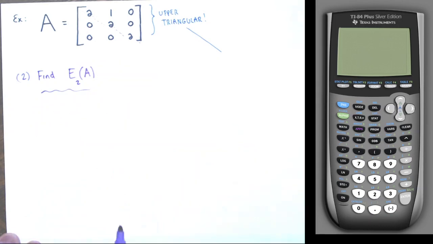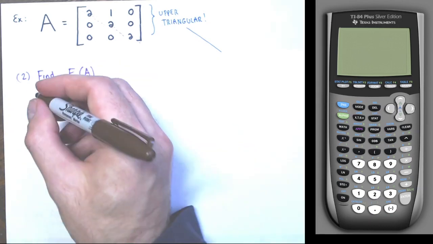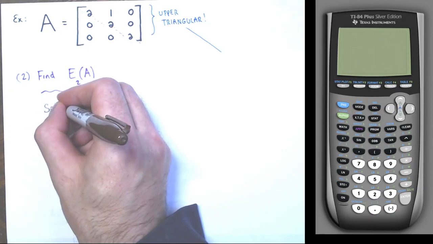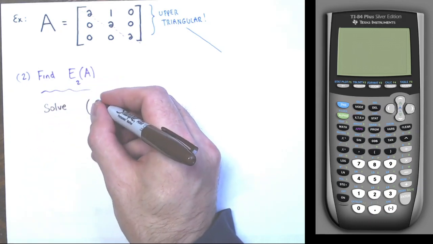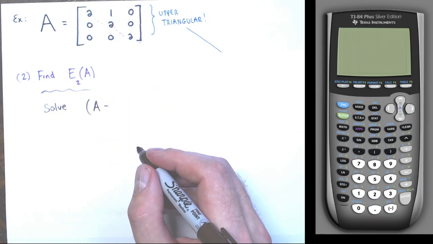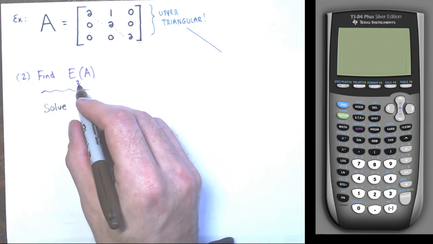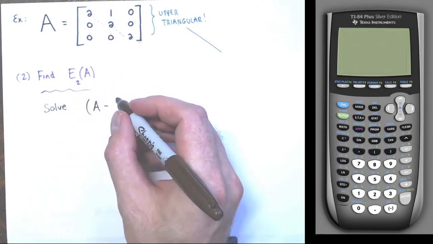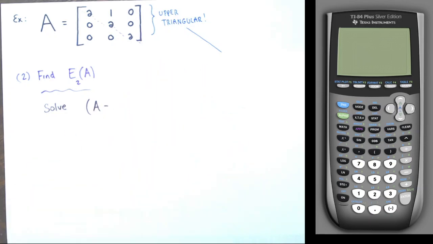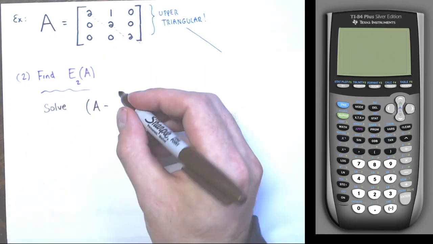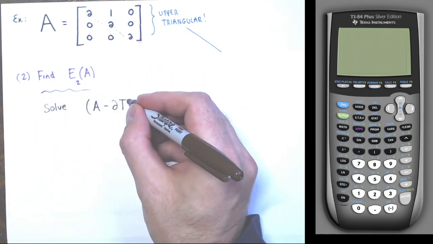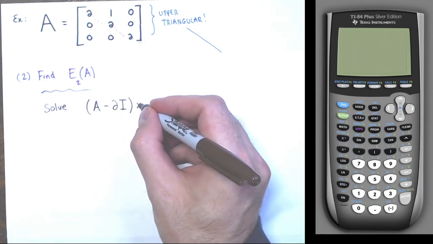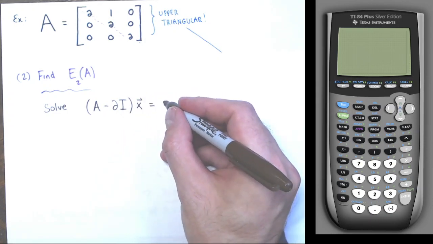Okay, so remember how to do this. This is finding all the solutions of the equation (A minus lambda I)x equals 0. Well, lambda's 2 here. So A minus 2I times some vector x, when is that equal to the 0 vector?